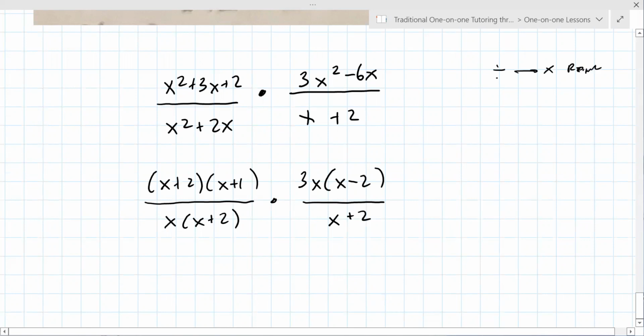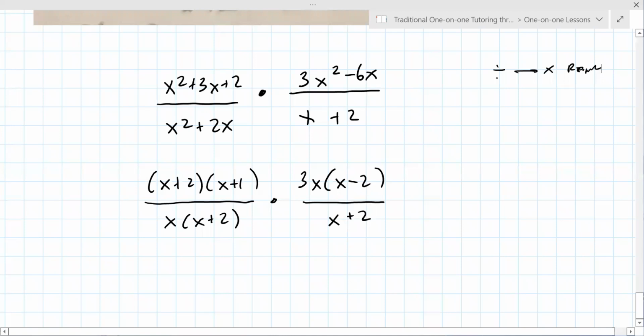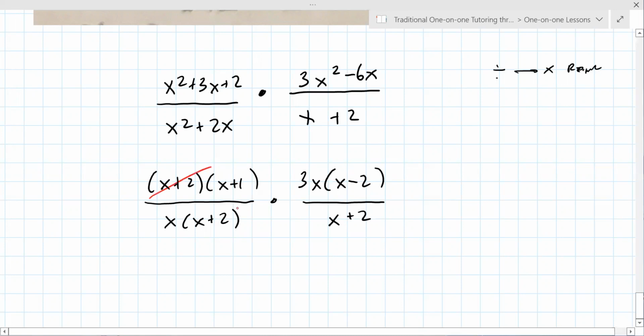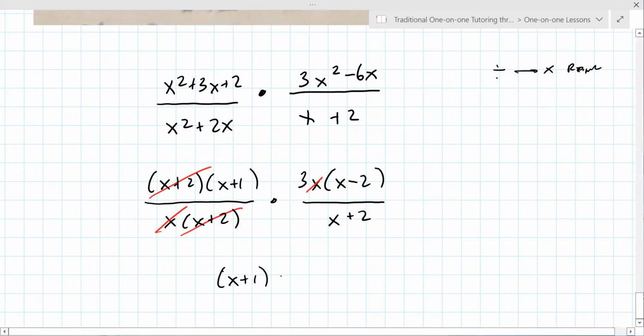And now we can cancel. This is sort of the fun part, you cross out things. The x goes with the x. So in the numerator, you're left with x plus 1 times, and then the 3 can go out in front, x minus 2, and on the bottom, it's x plus 2.